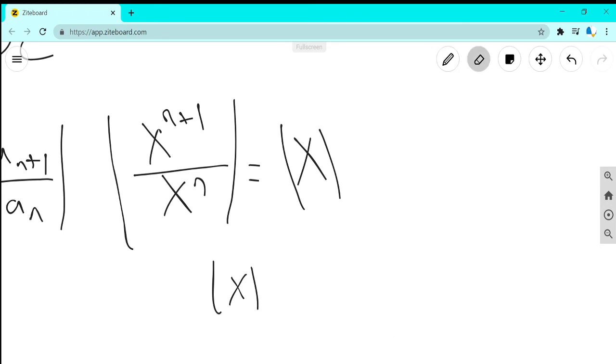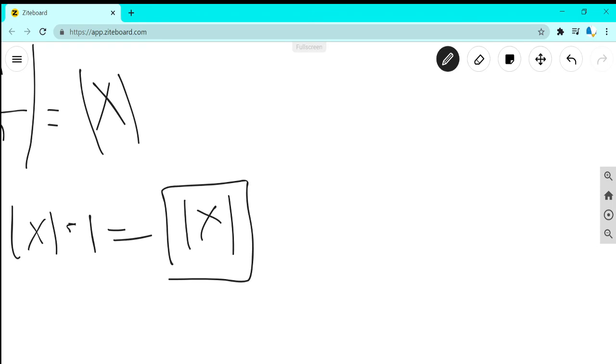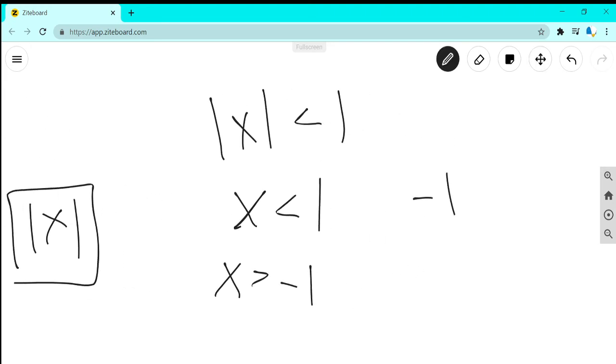So it's the absolute value of x times 1. In the ratio test, this has to be less than 1. That's the rule. So if you take the absolute value out, x is less than 1 and x is greater than -1. So technically, our interval is -1 less than x less than 1.